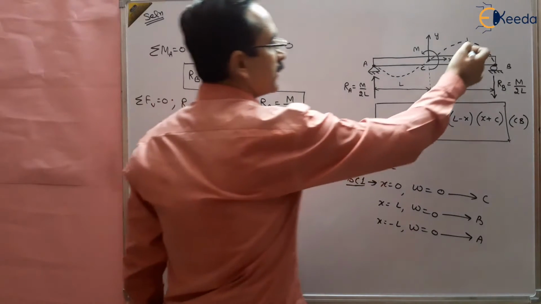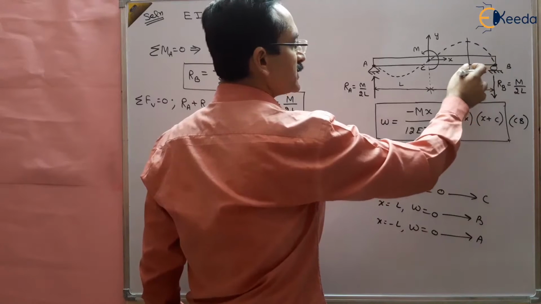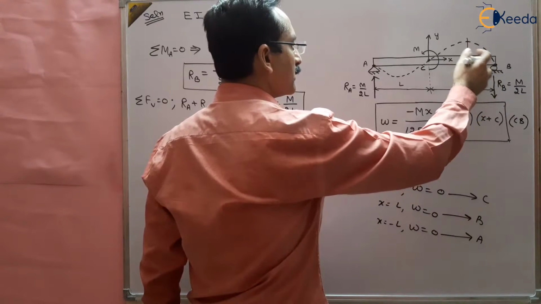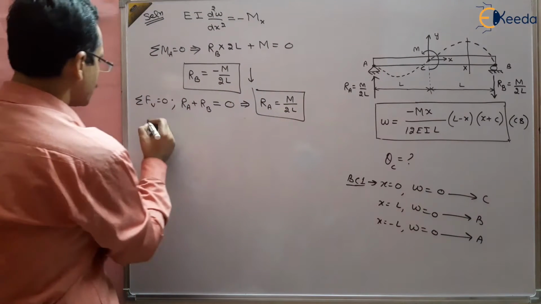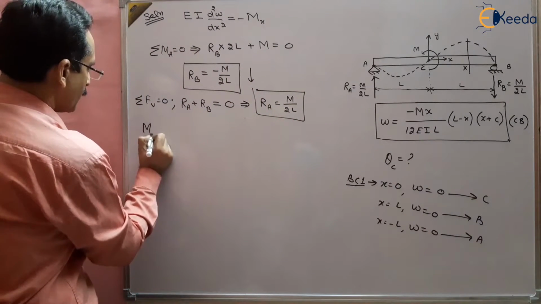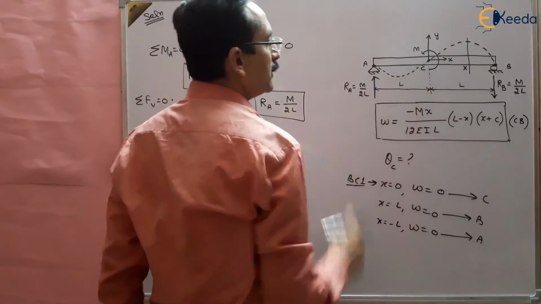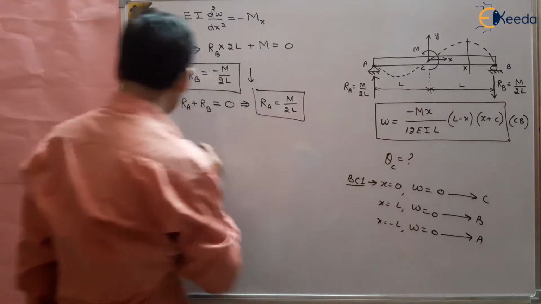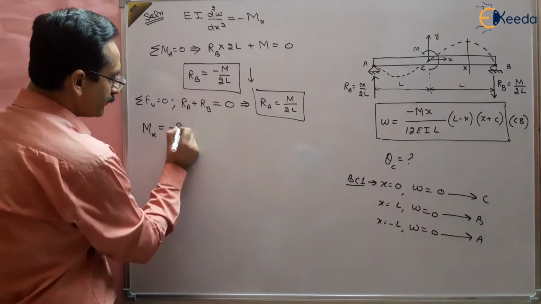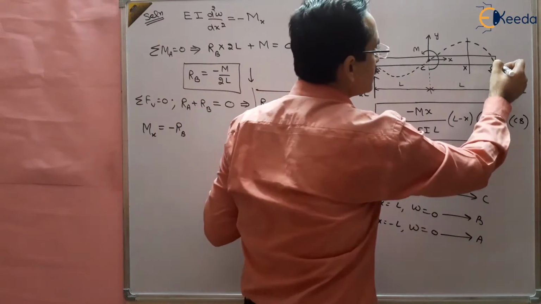Now we can take a cross section X and find the moment of these forces about X, right? So sigma Mx will be equal to, and X is taken from the center, the moment about X equals the force RB, negative RB, multiplied by the perpendicular distance.